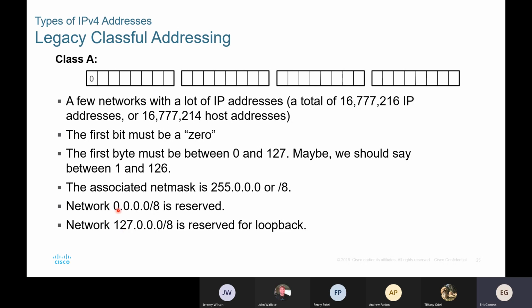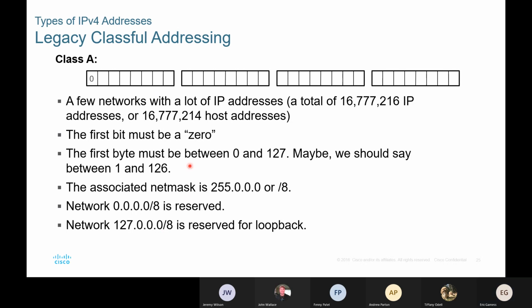So the first network is the 0 network, and the last network is the 127 network. Okay? From 0 to 127, you have 128. This is 2 to the 7. I was saying that we have 128 networks of class A. So the first one is the 0.0.0.0/8 network. And the last one is the 127.0.0.0/8.